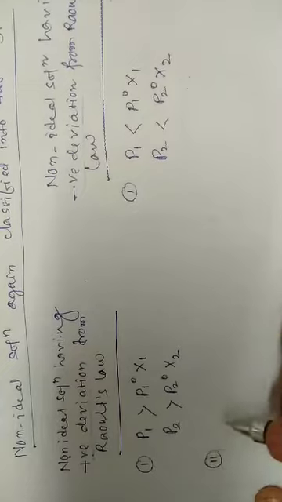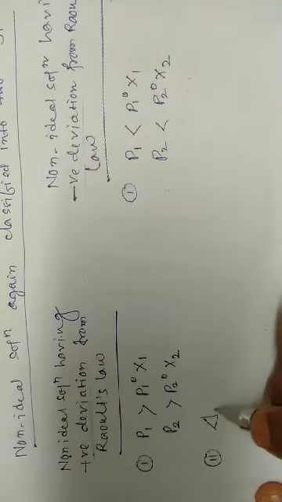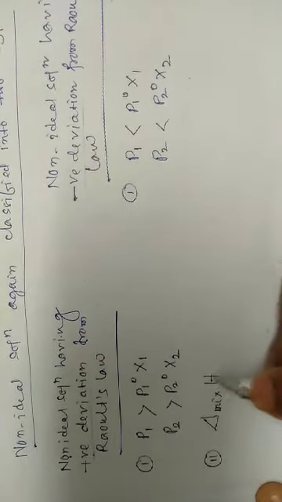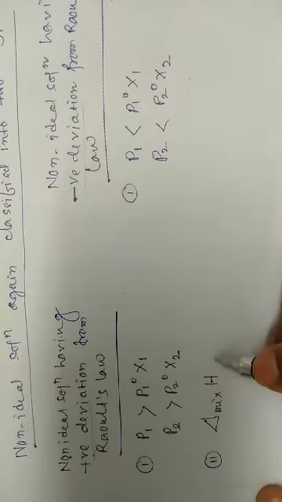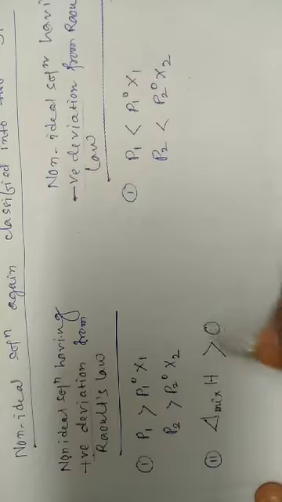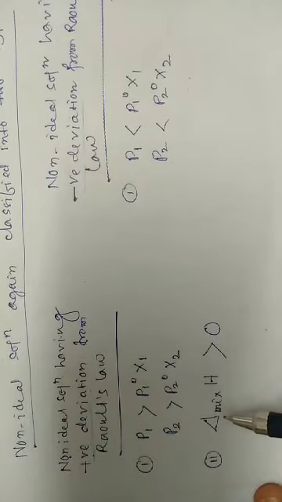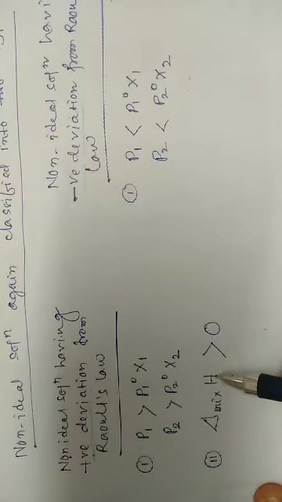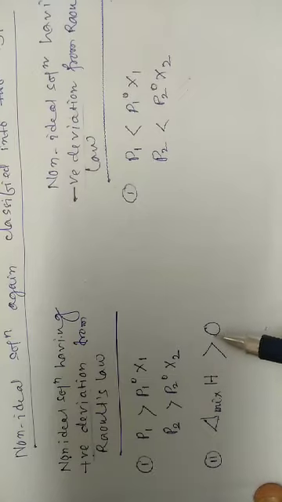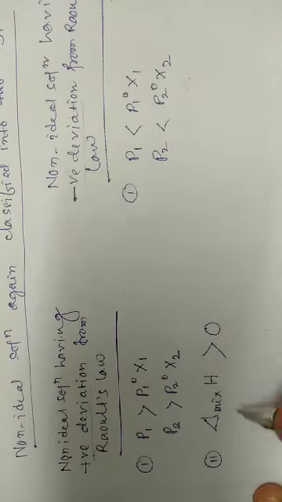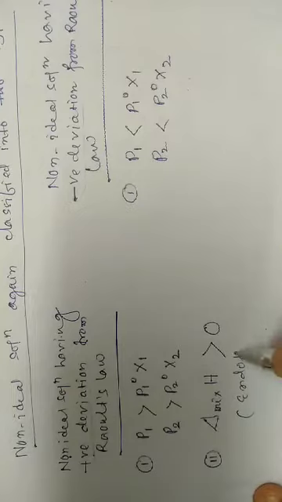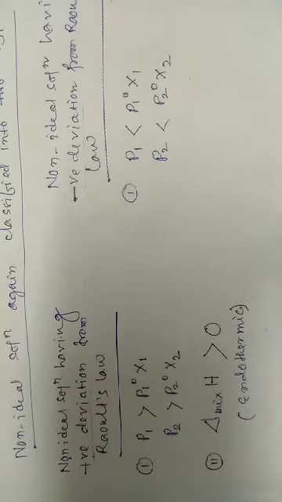The second difference: enthalpy change during the mixing of two components is here greater than 0. Greater than 0 means ΔH mixing is positive. That means the process is endothermic; during the mixing of two components, heat is absorbed.